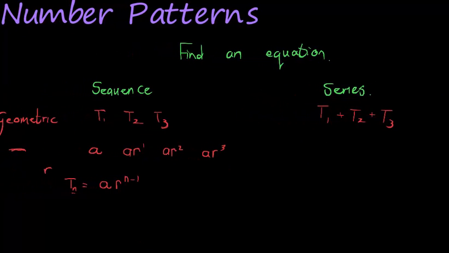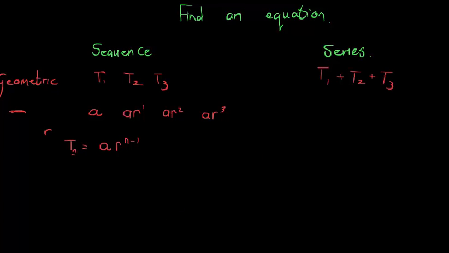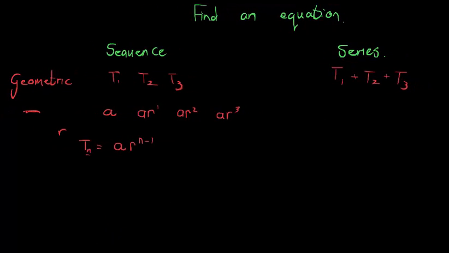Well, let's look at those first. So if I wanted to find R, just like for D in arithmetic, I could use any term minus the previous term. In R, I can take any term and divide by the previous term, because this one will have 3 R's, that one will have 2 R's.